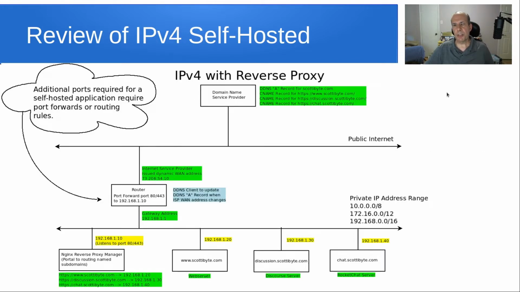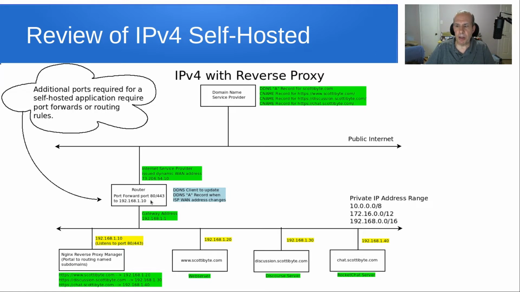So let's review what we did in IPv4 self-hosted networks. Basically, up at our DNS service provider, we had a DDNS, a dynamic DNS A record, and then we had a whole bunch of CNAME records that pointed to the same address, but since they were different service names, different subdomains, they were able to go to different services with the aid of an NginX Reverse Proxy Manager, or any reverse proxy manager for that matter.